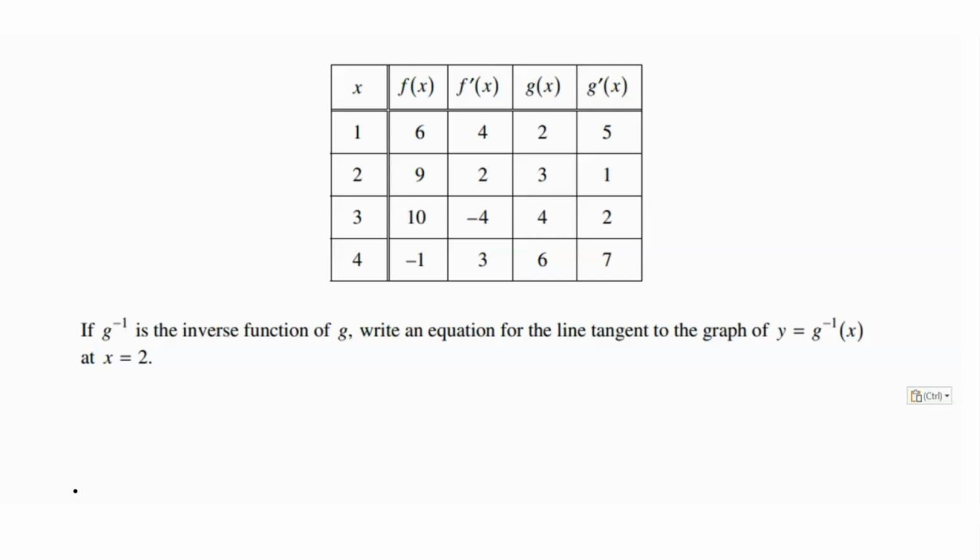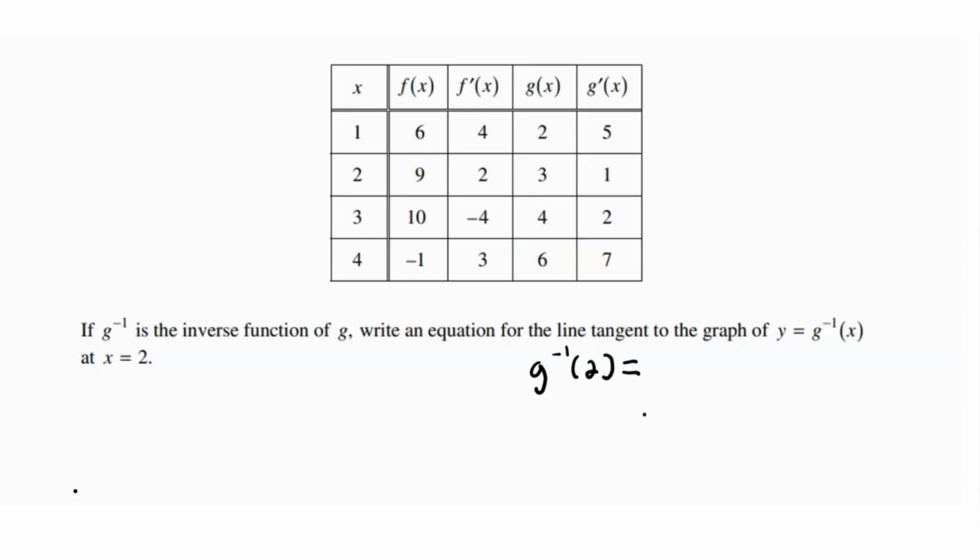It says if g to the negative 1 is the inverse function of g, write an equation for the line tangent to the graph of y equals g inverse of x at x equals 2. So the first thing we need to identify is that if I want x equal to 2, I need to figure out what g inverse of 2 equals.